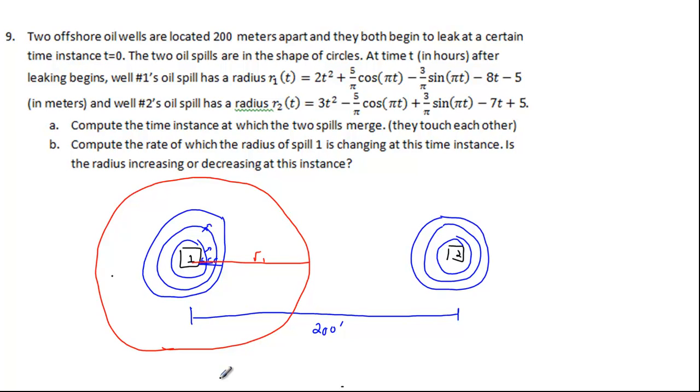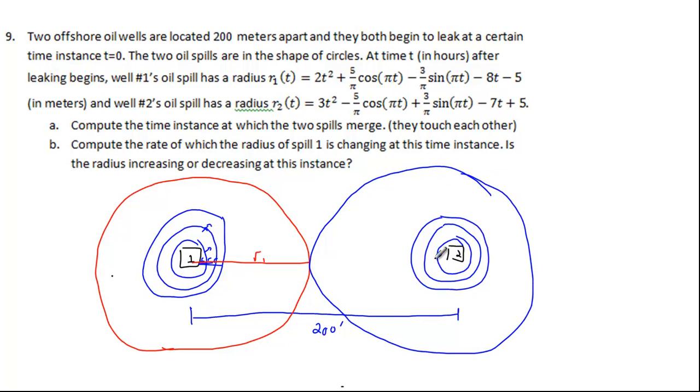Now over here, as this one expands circularly, let's assume they just touched, and from here to here we know this to be R2.